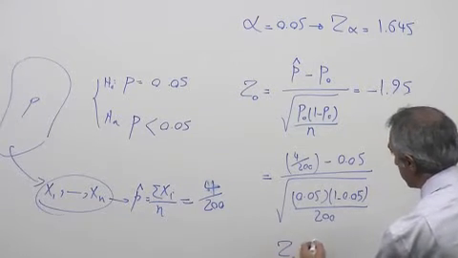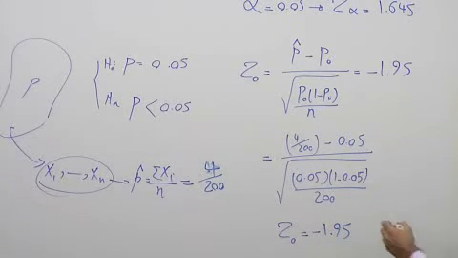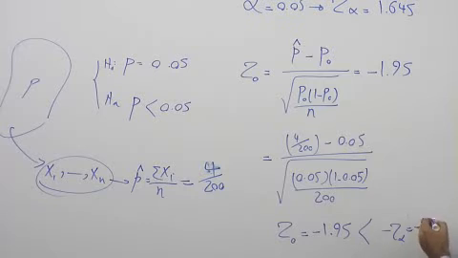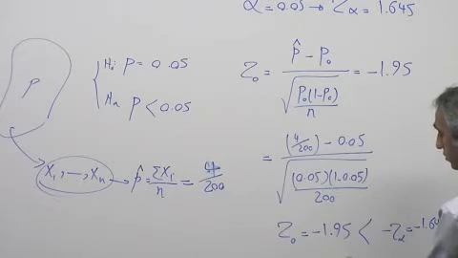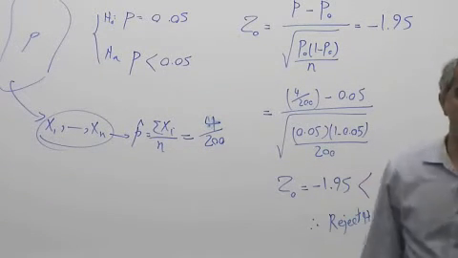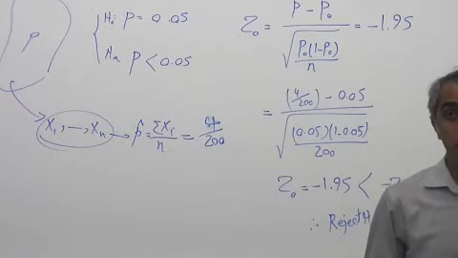Your Z0, which is negative 1.95, is less than minus Z alpha, which is negative 1.645. Therefore, reject H null. Therefore, the process is capable. Okay? That's simple. Any questions?